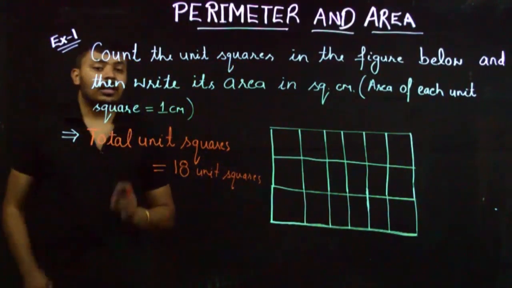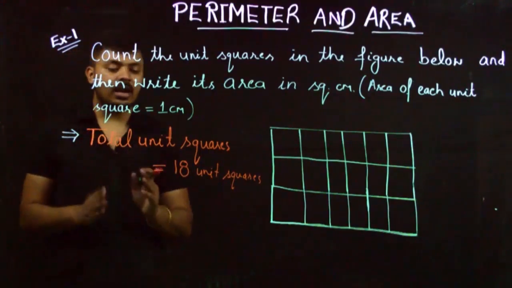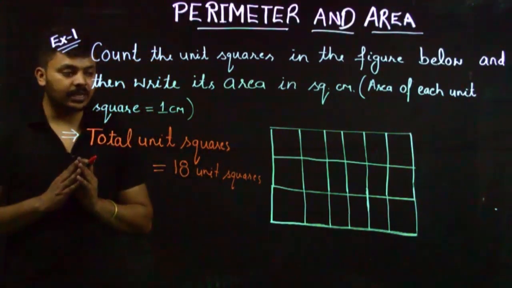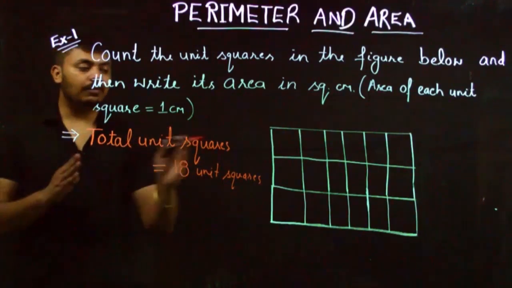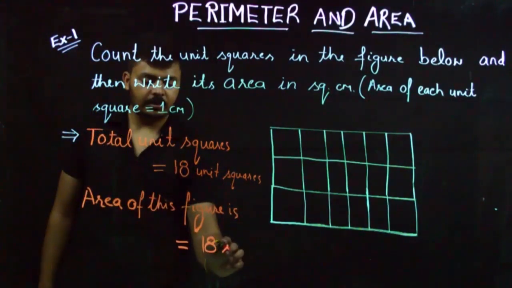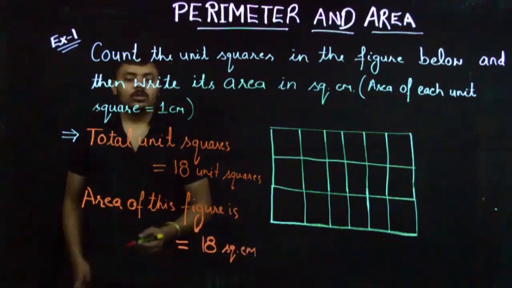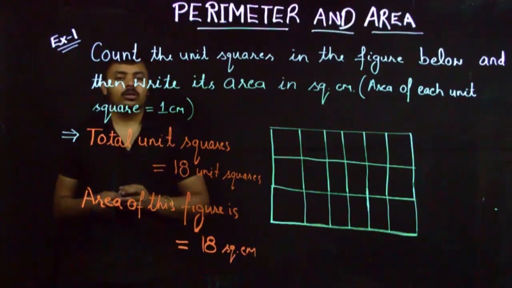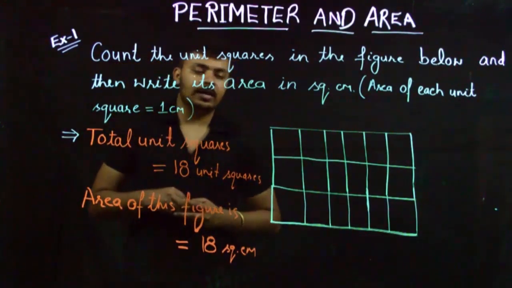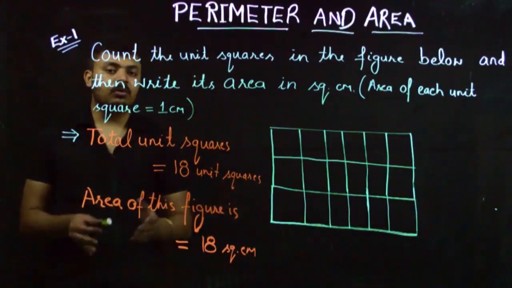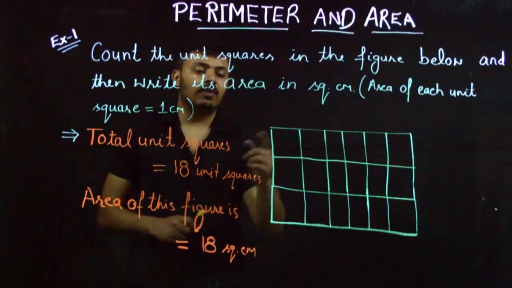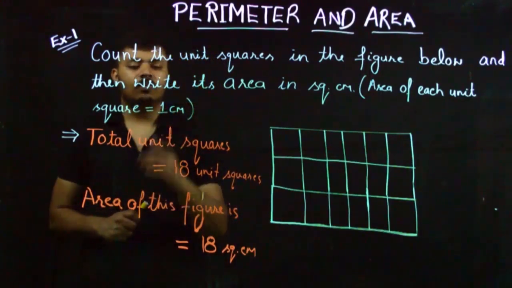And since the area of each unit square is 1 square centimeter, we can say the area of the figure is 18 square centimeters. So I hope, students, you have understood how to count the total number of squares and represent it in the form of square centimeters when one unit square is equal to 1 square centimeter.